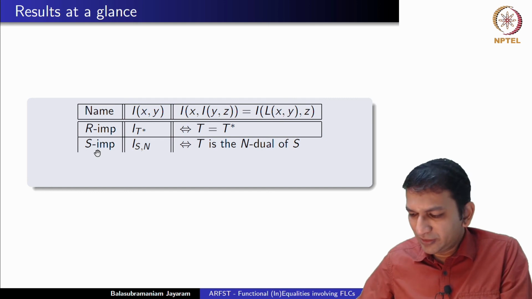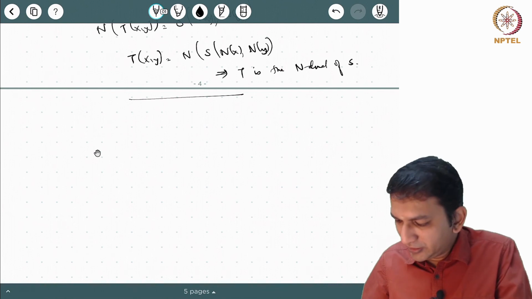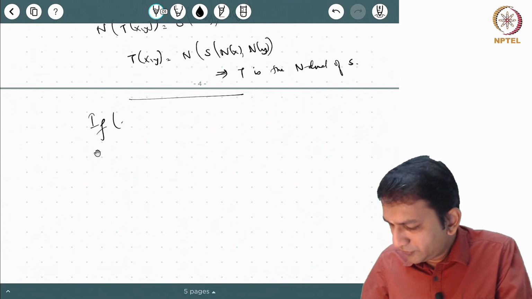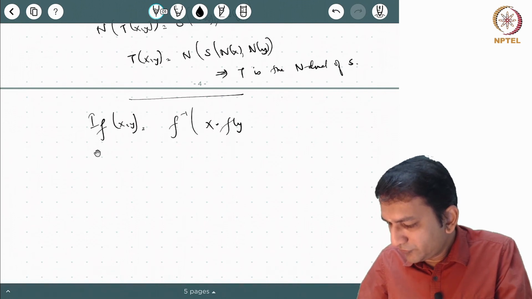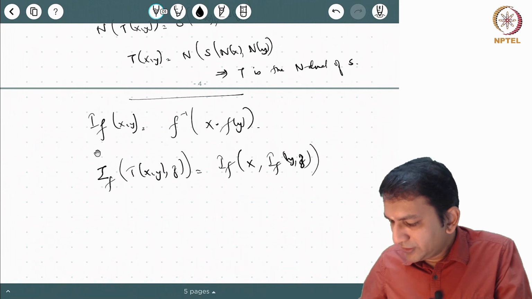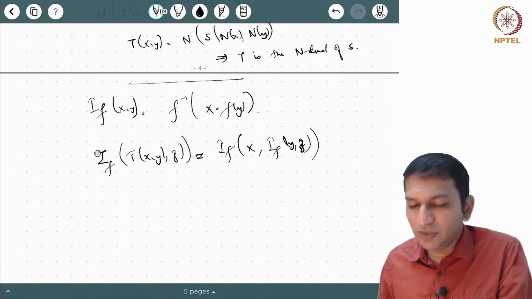Now what about F implications? Note that F implications are given like this: I_F of (x,y) is equal to f inverse of x dot f of y. So now the formula that we are looking at is I_F of T(x,y) comma z, is it equal to I_F of x comma I_F of (y,z). Now let's assume that it is true, then we need to go and find out what is the T for which this is true.